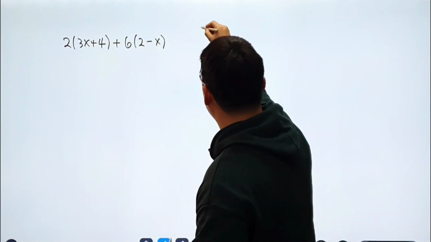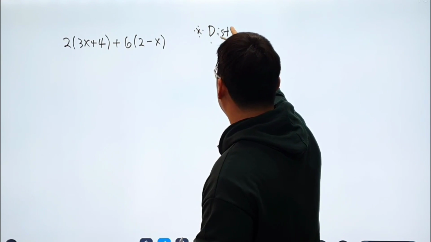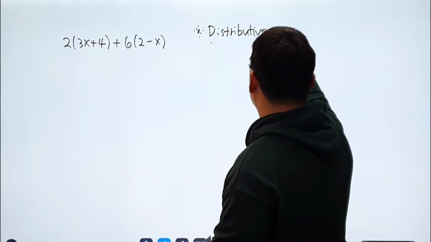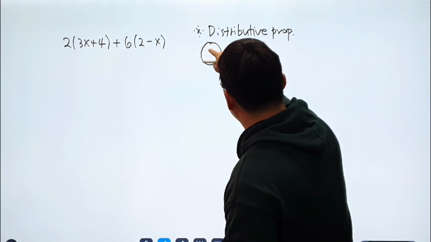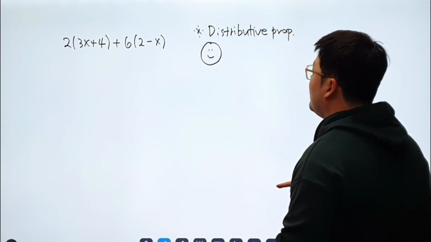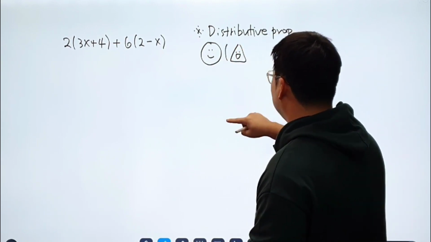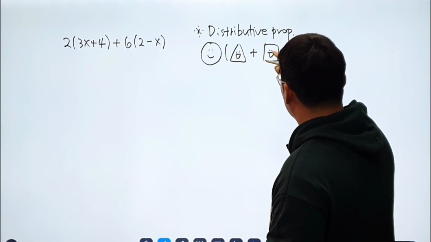All right, so let's just try to bring in the distributive property once more. Distributive property. Okay, so we get a circle, smiley face, and we multiply it with Mr. Triangle. And we also add it with Mr. Square.